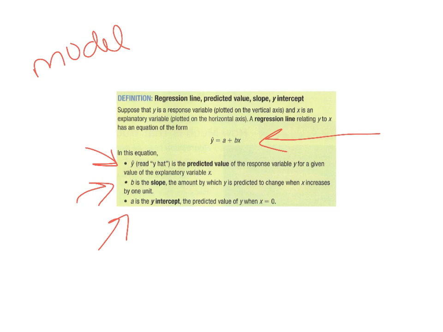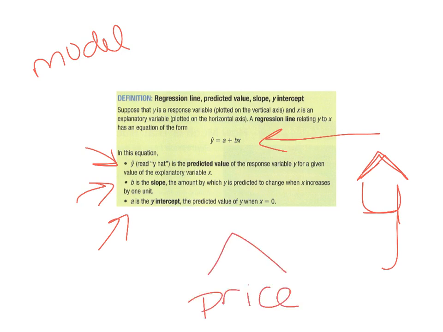So y hat is our predicted value, and you have to write it like that every time. It is the letter y with literally a little pointy hat over it. And when you write your context, for instance, our context in this case is price, what that means is this is our predicted price.